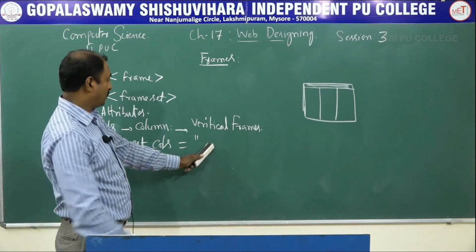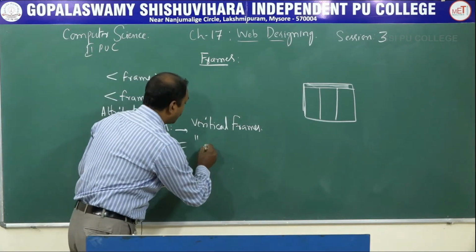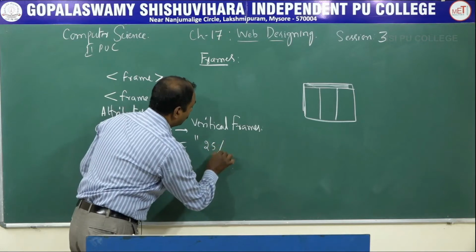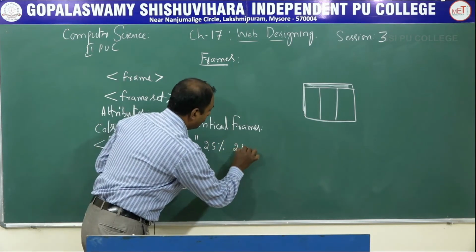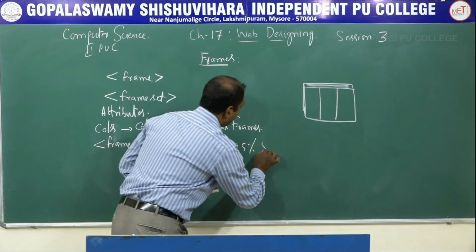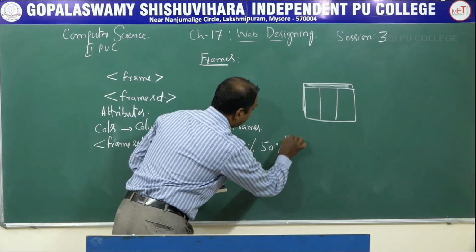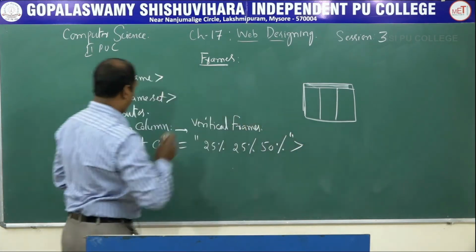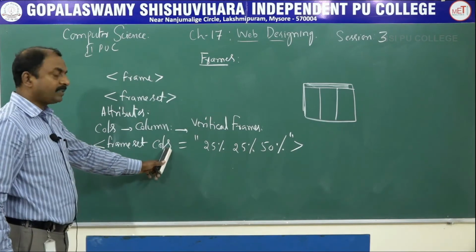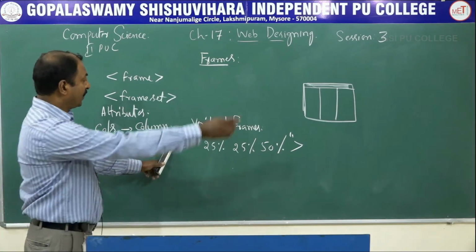We represent the columns with a percentage. Suppose I say 25%, 25%, and 50%, and I close this with the tag.